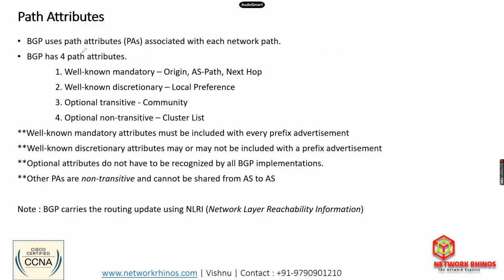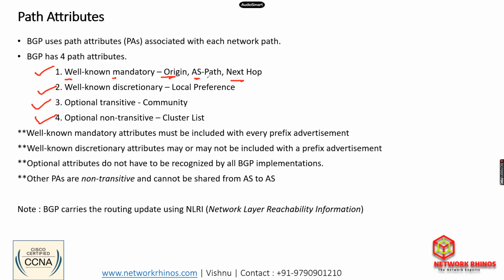When we talk about attributes, we have well-known mandatory, well-known discretionary, optional transitive, and optional non-transitive. Well-known mandatory means all the BGP enabled routers should understand this attribute, and these attributes should flow to my neighbor by default.